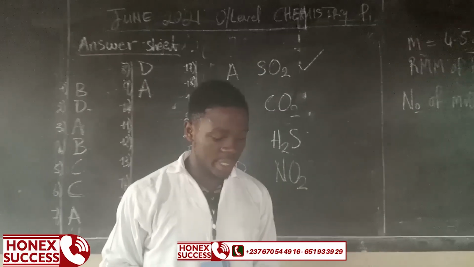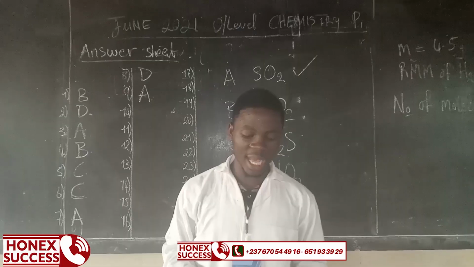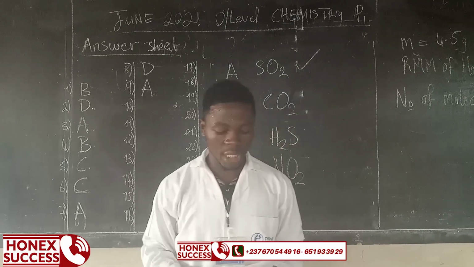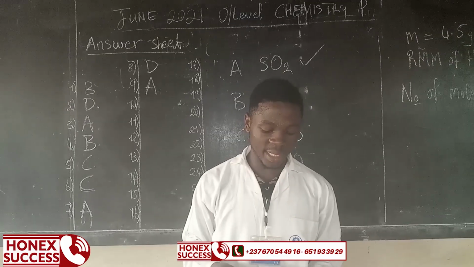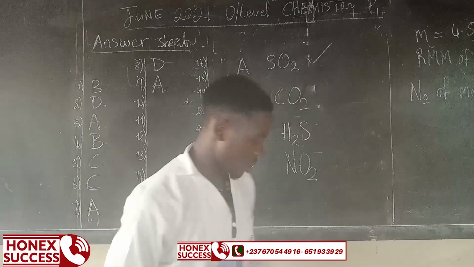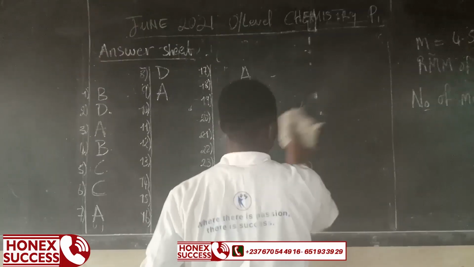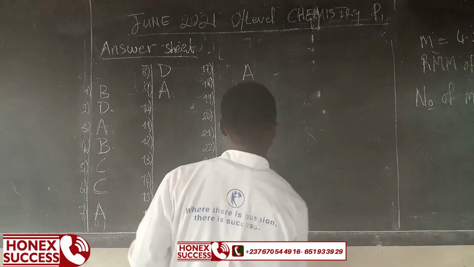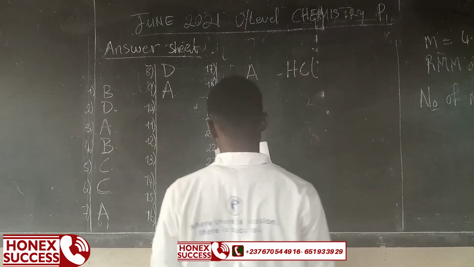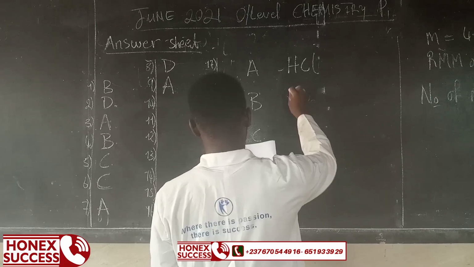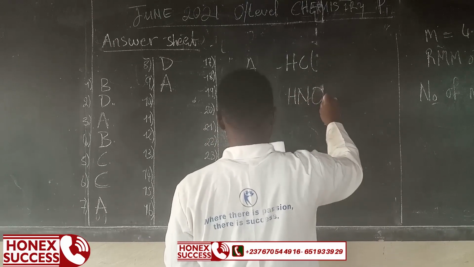Question 10 reads thus: select a dibasic acid from the list below. Option A, hydrochloric acid. Option B, nitric acid.